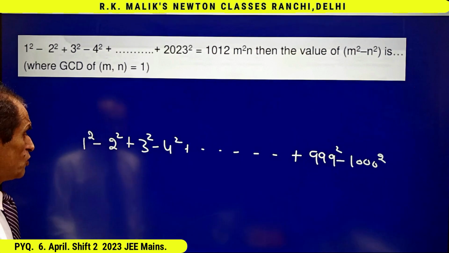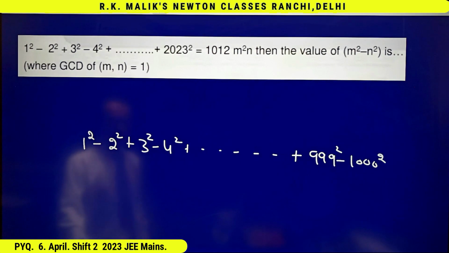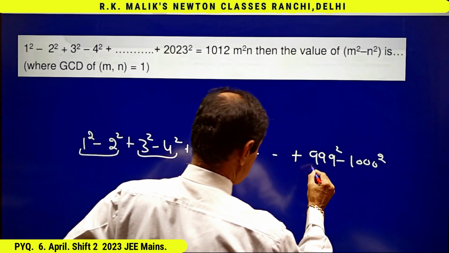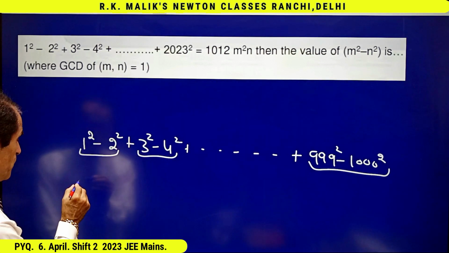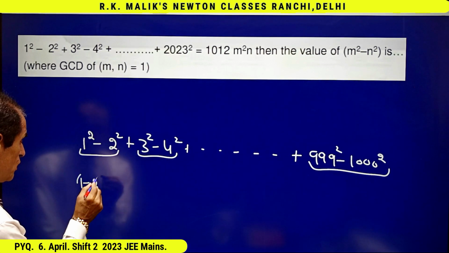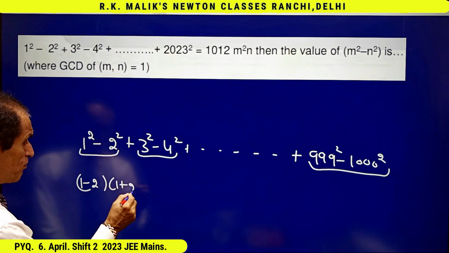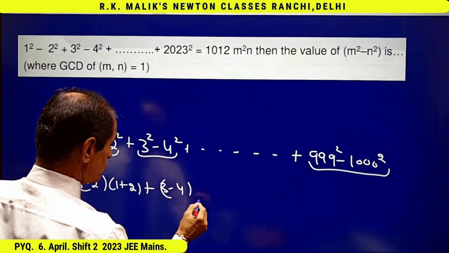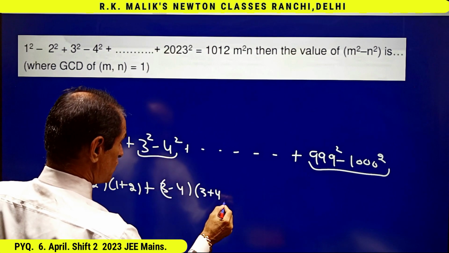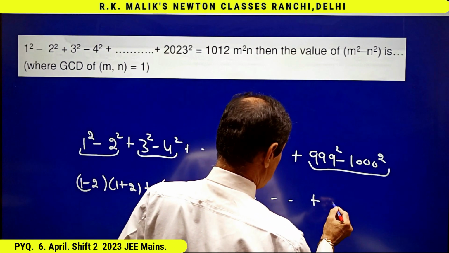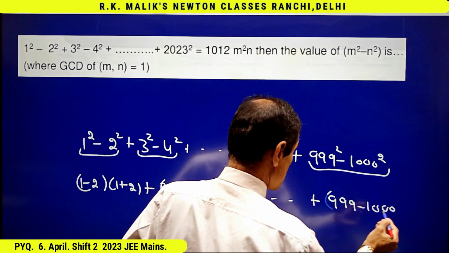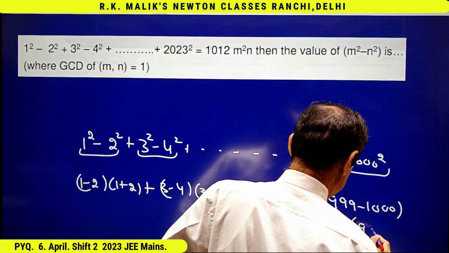Again, you must be able to think that if I start pairing in this way, each pair will be equal to 1 minus 2 into 1 plus 2, this will be 3 minus 4 into 3 plus 4, and 999 minus 1000 into 999 plus 1000.